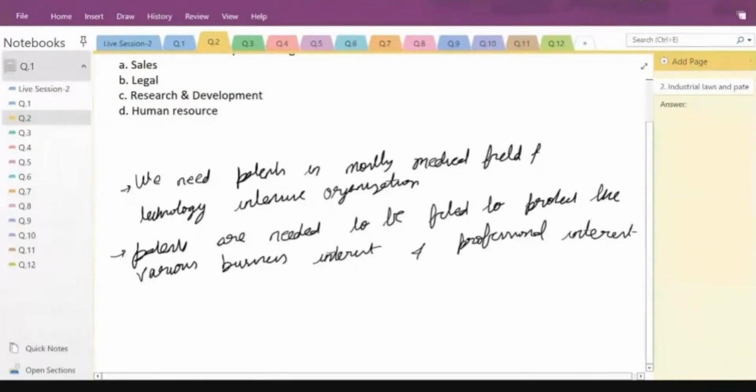Here I want to mention that we use patents mostly in the medical field and technology intensive organizations where breakthrough technologies are developed, and patents need to be filed in order to protect those business interests and professional interests.